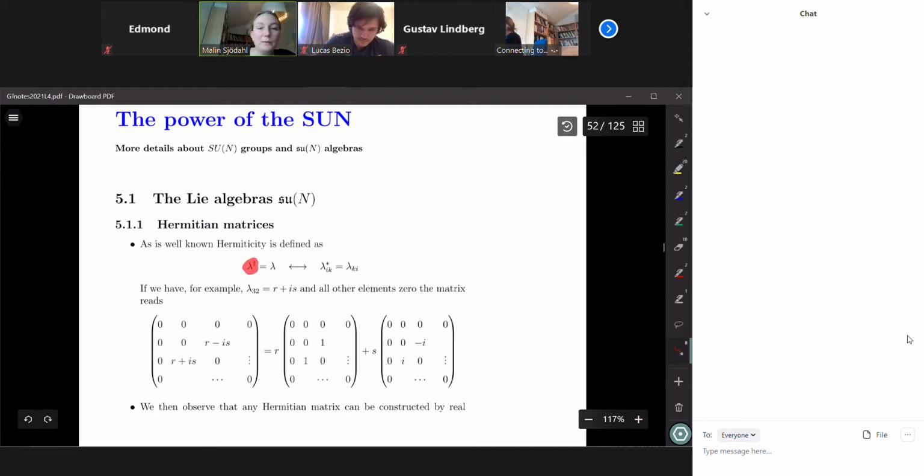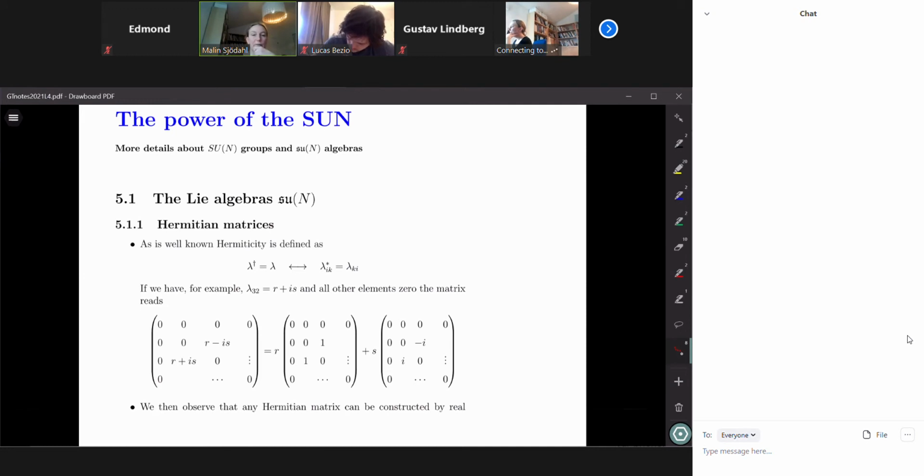And Hermitian matrices, of course, have the property that lambda dagger equals lambda, which implies that if you consider the ik component and complex conjugate it, it's the same as the lambda component ki. So wanting this property of the generators, the elements in the matrix must satisfy this property.